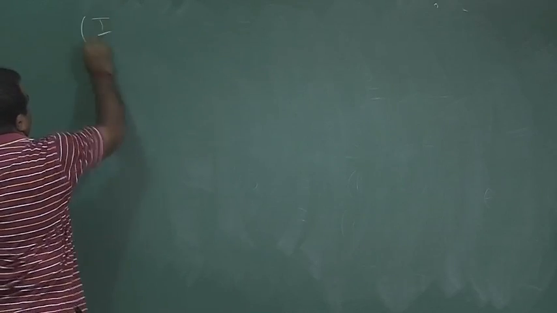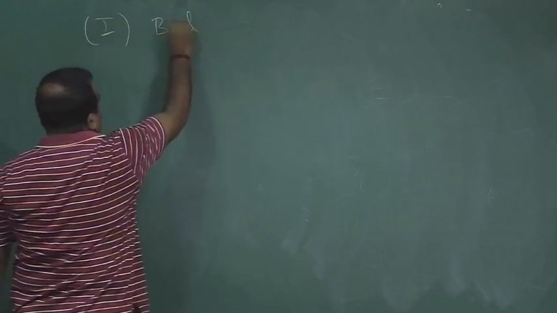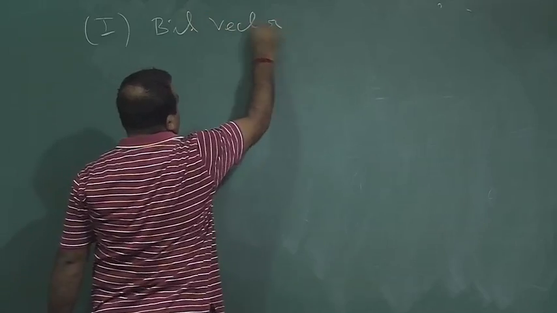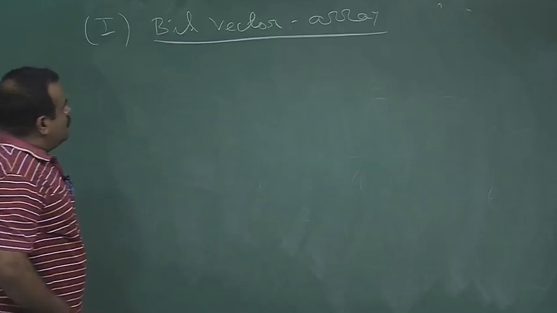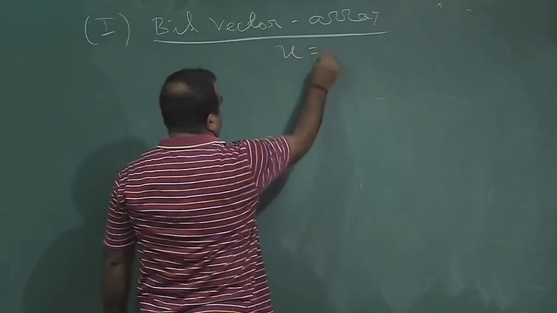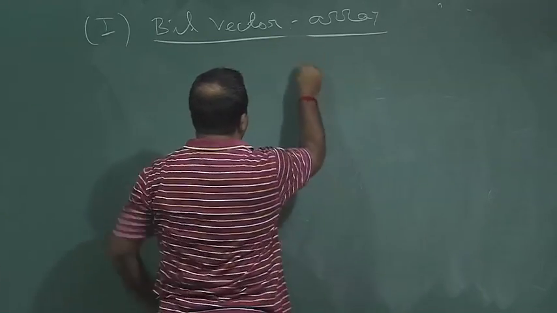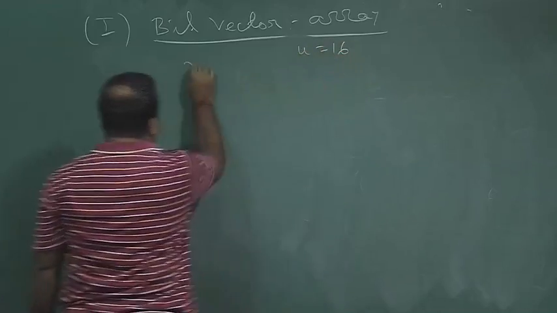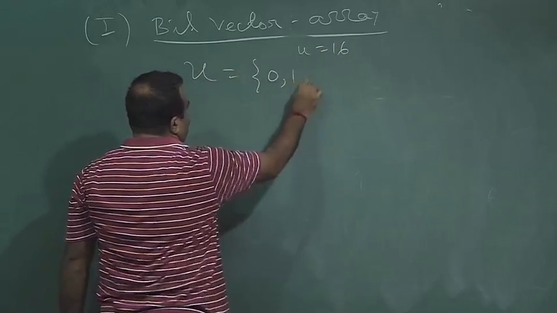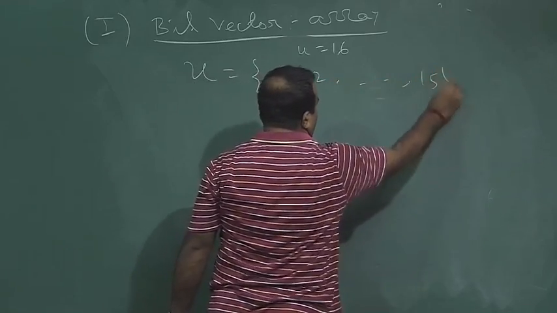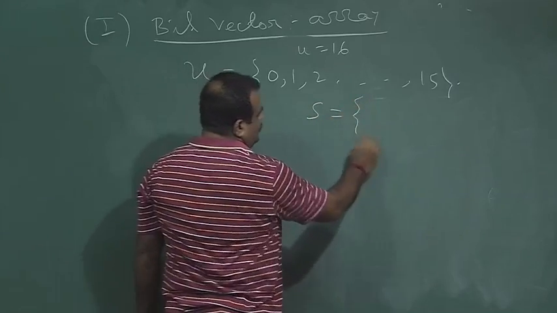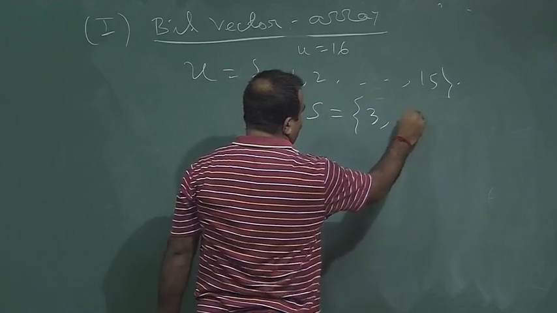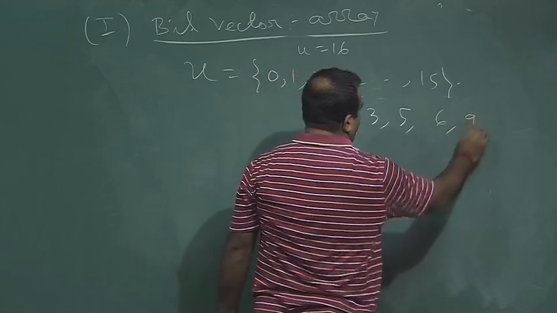You start with the array, this is the first step. It is called a bit vector. This is simply an array. Suppose small u is 16, and our universe is 0, 1 to 15, and we have a set S like this: we have taken 3, 5, 6, 9.